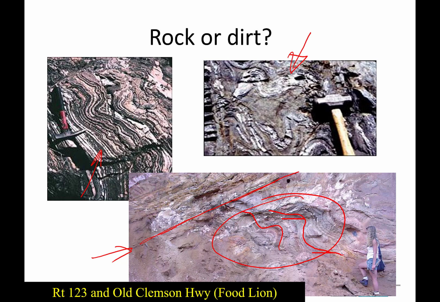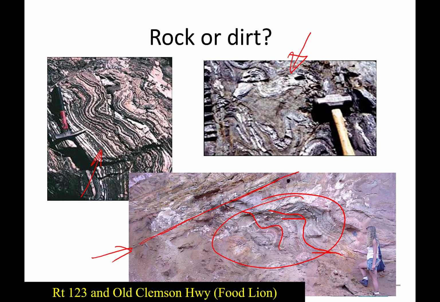In the two upper pictures we see some resistant rock, but the material in the bottom was dug out with a shovel, and so it's very weak and can be easily removed with a shovel. And in fact, this exposure that you're seeing was revealed by digging it out with a shovel.